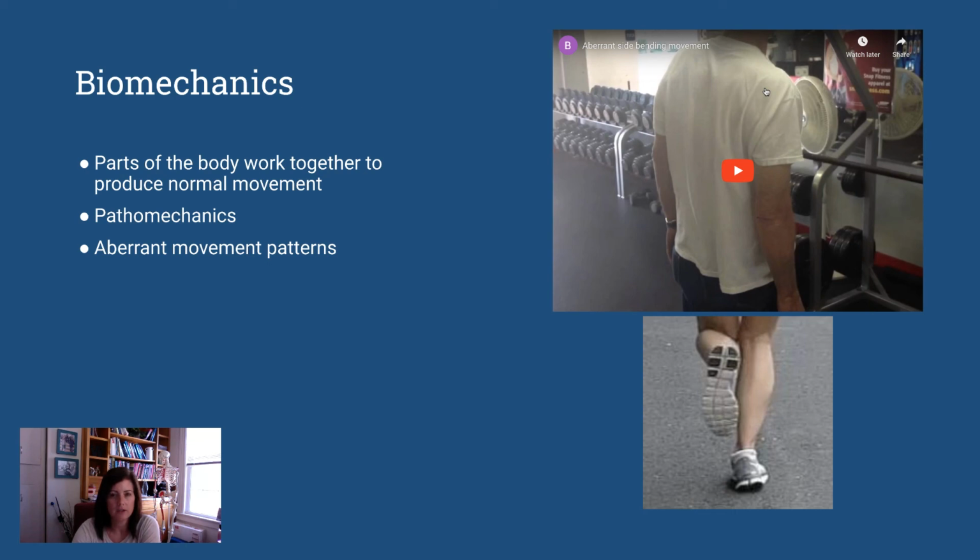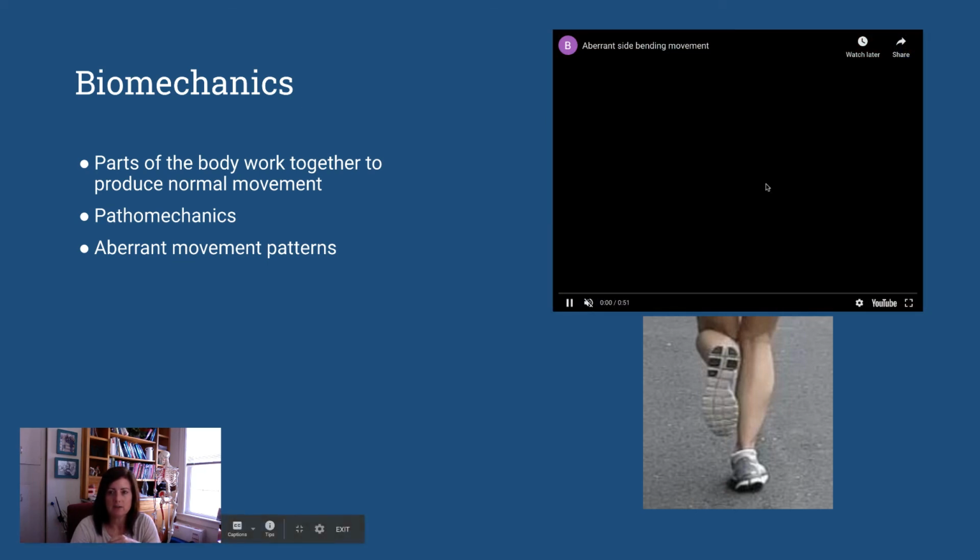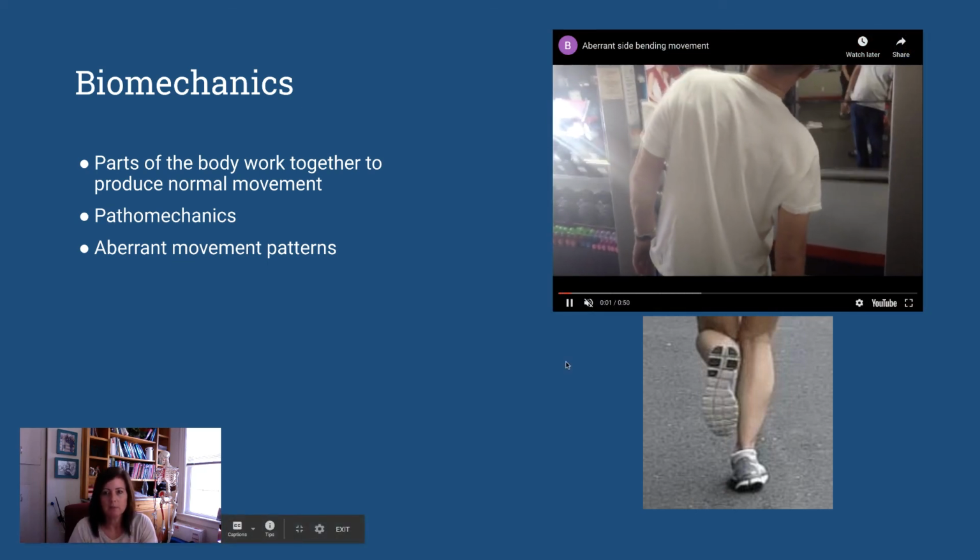We also have examples of aberrant movement patterns, which means it's not such an overt example of pathology related to biomechanics of the body, but it's more just slight, can be more than slight sometimes, but slight aberrant movement patterns, kind of like this person right here.